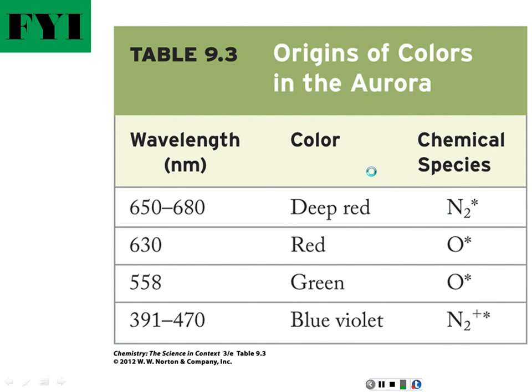This figure is from a different text, but it shows you the colors in the aurora, which chemical species they're caused by, and the exact wavelengths at which those occur. So an N2 star indicates that the N2 molecule is excited. It's responsible for the deep red color in the aurora.